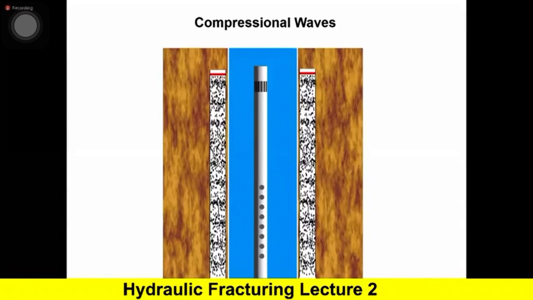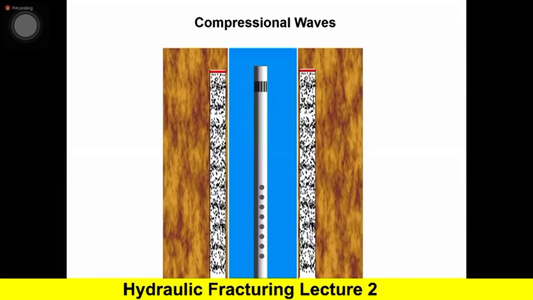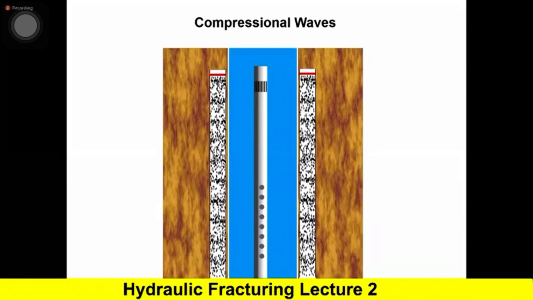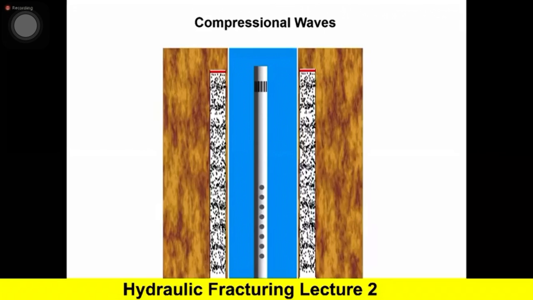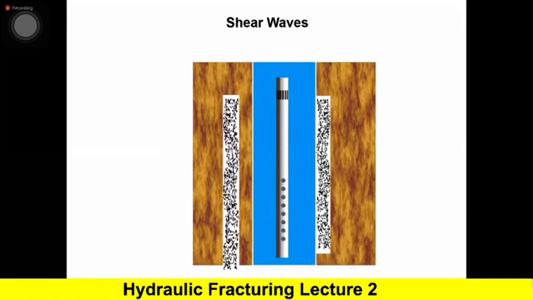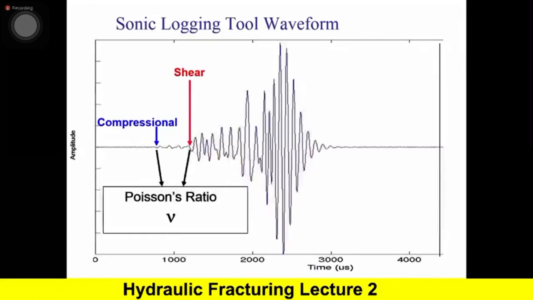If I have a source at the bottom of the well and a receiver a little higher, I can hear the compressional wave coming in, and then I hear the shear wave after it. The difference in time or in velocity of the two is an indication of Poisson's ratio.